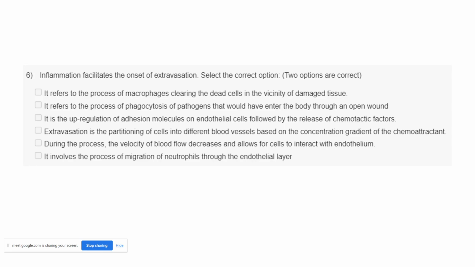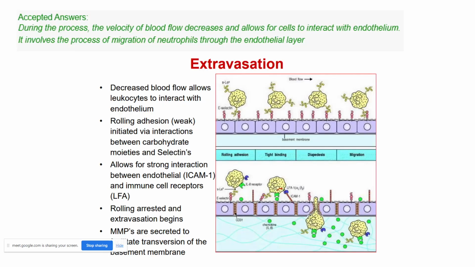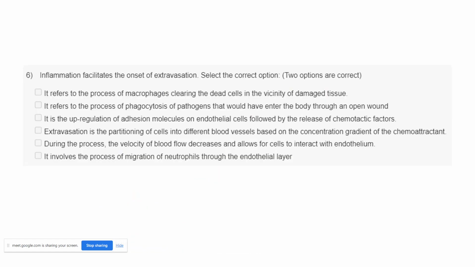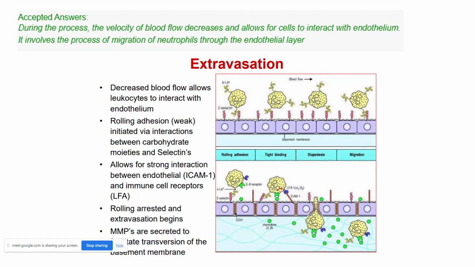Okay. So here the correct answer is the last two options, that is, during the process the velocity of blood flow decreases and allows for cells to interact with endothelium, and it involves the process of migration of neutrophils through endothelial layer.